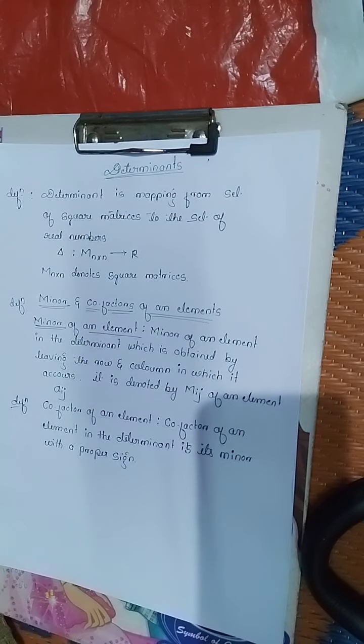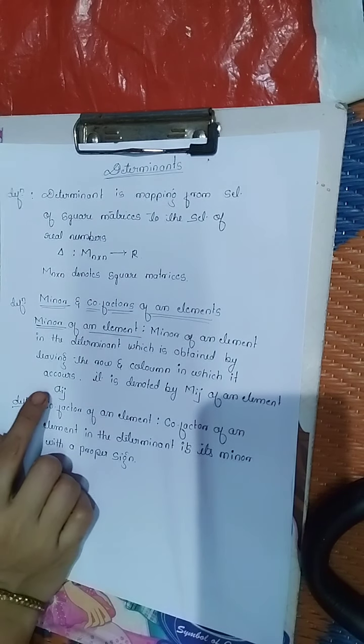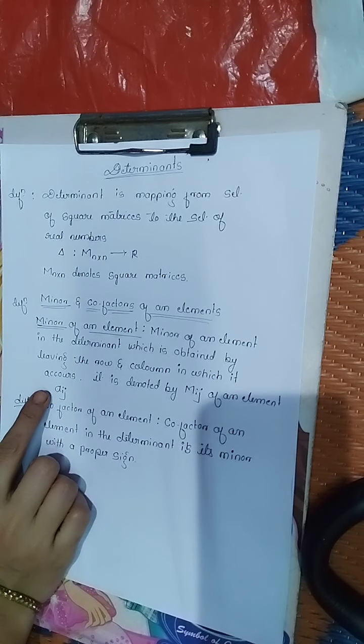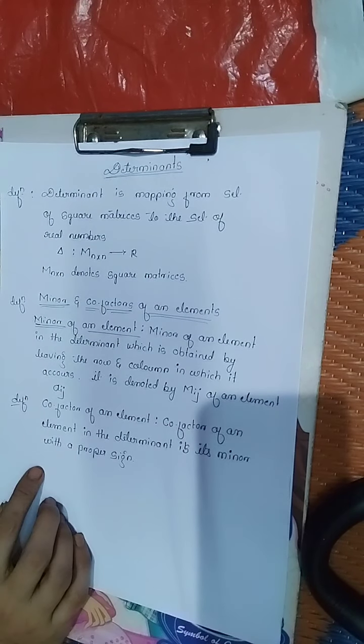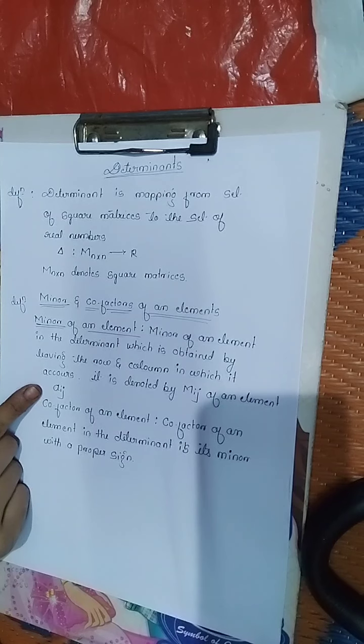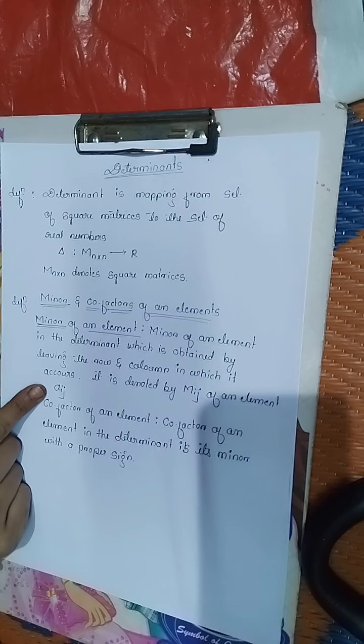Cofactor of an element is nothing but the minor with a proper sign. If we consider the minor of Aij as Mij, then the cofactor for the element Aij is minus 1 to the power i plus j into Mij.